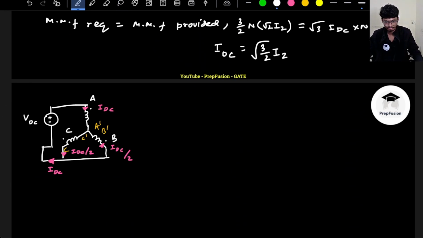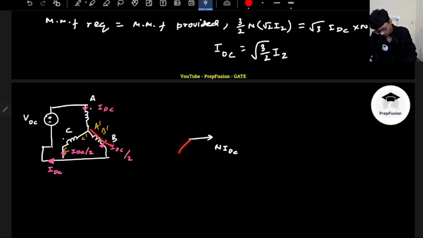In the second case, something similar. I will directly do it now, not explain it. Okay, so this is my A phase, which is providing an IDC. And the B phase is here clockwise, but current is leaving, so it will be negative direction.